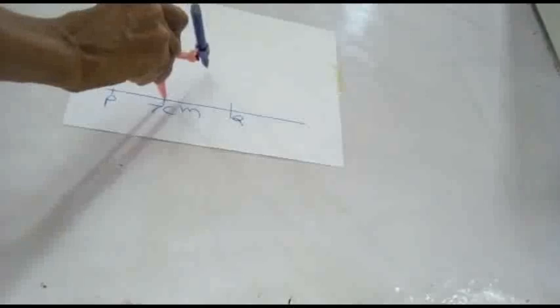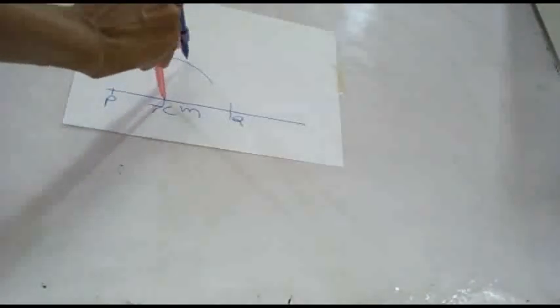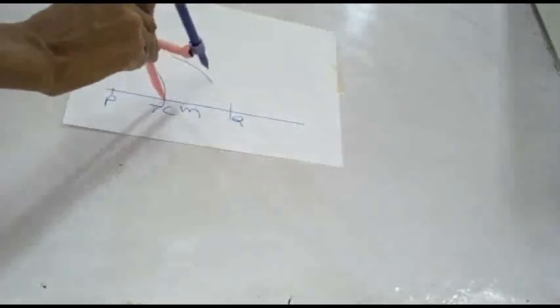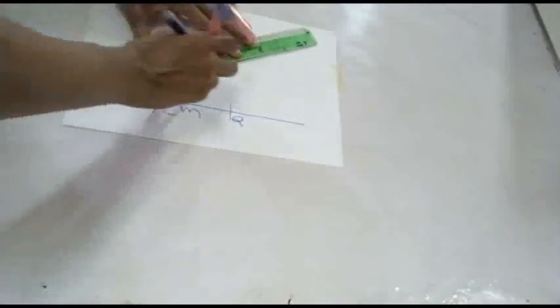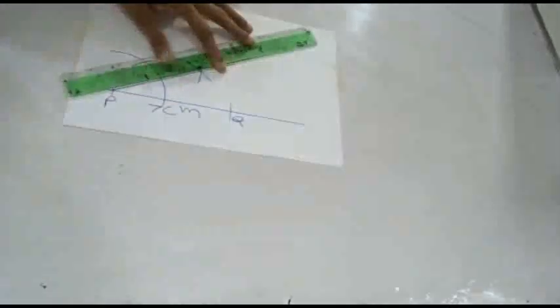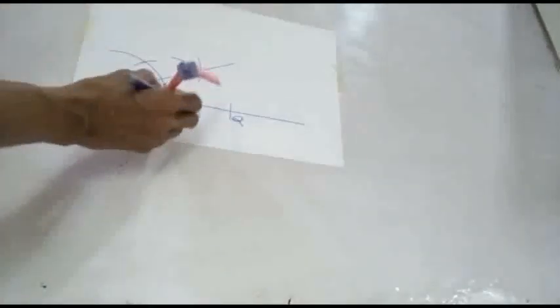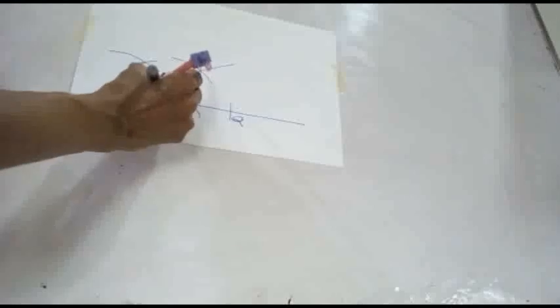Take the same radius and take this intersected point as the center and draw an arc. Take this point as the center and draw another arc to intersect the previous arc. Now join P and this point. The magnitude of this angle is equal to 30 degrees.